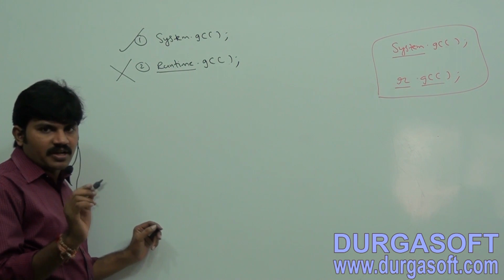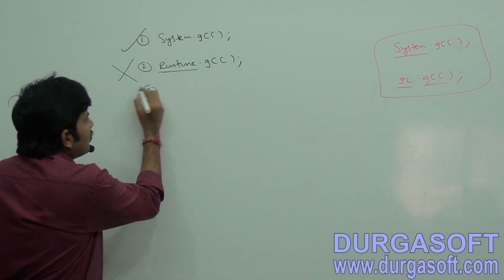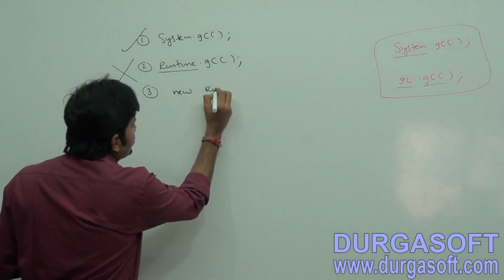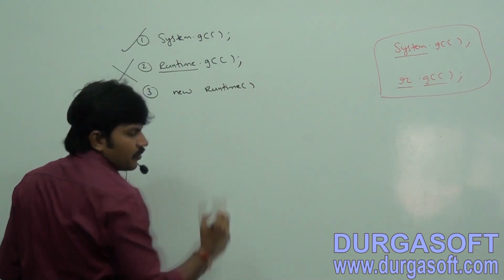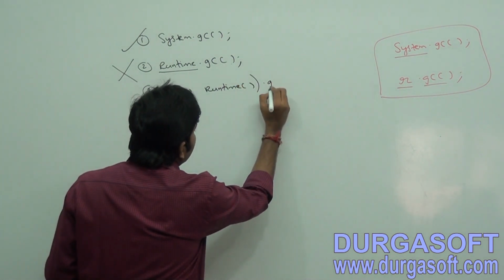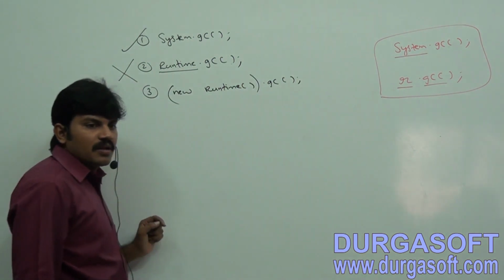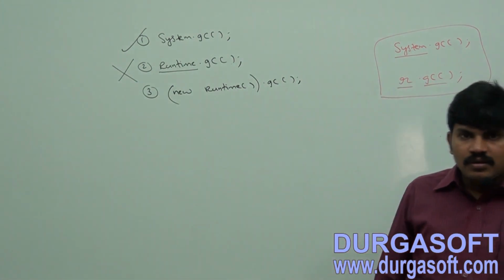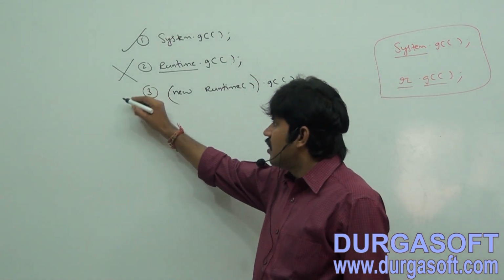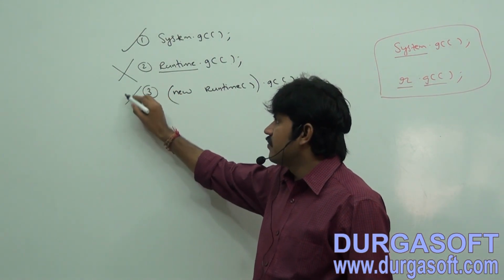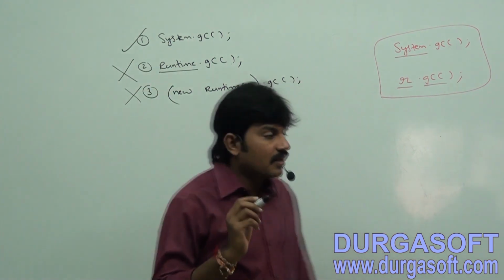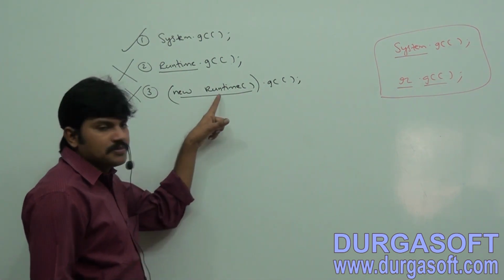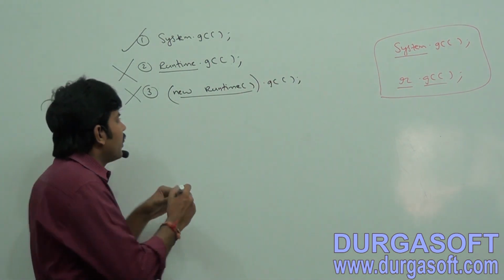Third one, new Runtime, I am creating a Runtime object and by using that I am calling the gc method. Is it valid or invalid? Invalid, because the Runtime class is a singleton class. We can't create singleton class objects by using a constructor. That's why this one is invalid.